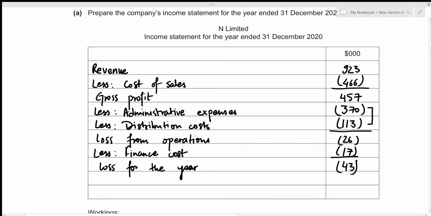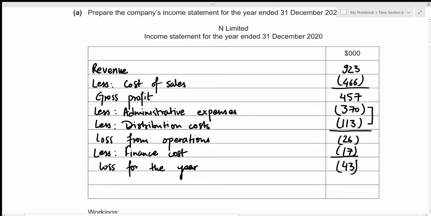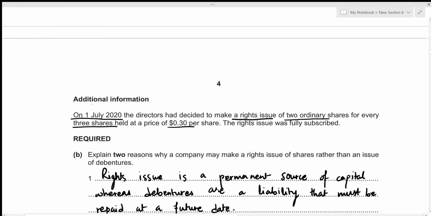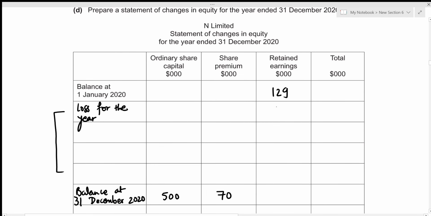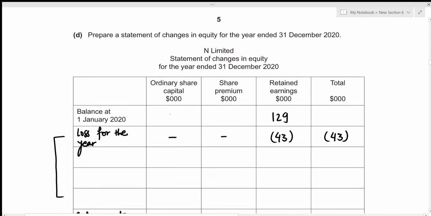Loss was of 43,000. So we need to deduct this 43,000 from the retained earnings section. So that's going to be a negative 43, and the total will also be negative 43. There's not going to be any changes in the ordinary share capital and share premium because of the loss for the year. Nextly, we can write about the rights issue.